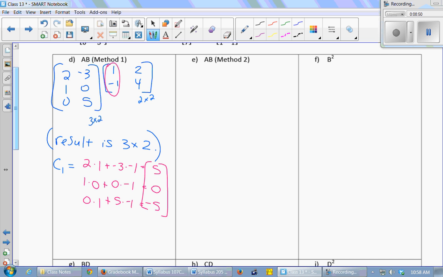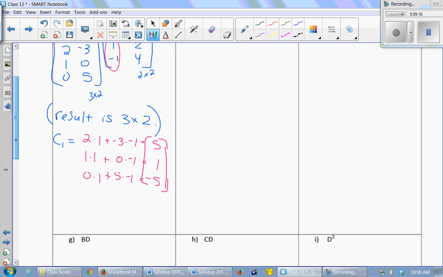Oh, yeah, sorry. Thank you. The middle row times 1, -1 should be 1 times 1 plus 0 times -1, which is 1. So 5, 1, -5, that's the first column of the product of matrix A times matrix B.